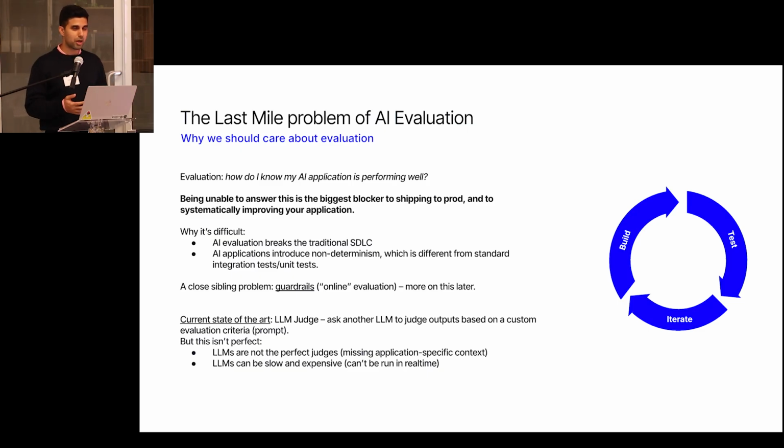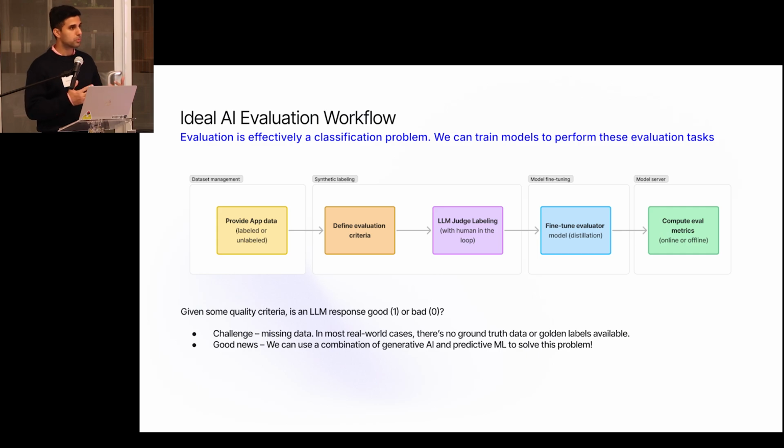And you'll also probably see that that approach isn't perfect, because a lot of the times LLMs are missing context about your application, don't have the subject matter expertise, and they can also be slow and expensive. So evals need to be run thousands of times, and sometimes it won't scale from a cost or efficiency perspective. And so what we're trying to do is really move beyond LLM as a judge style evaluation tasks.